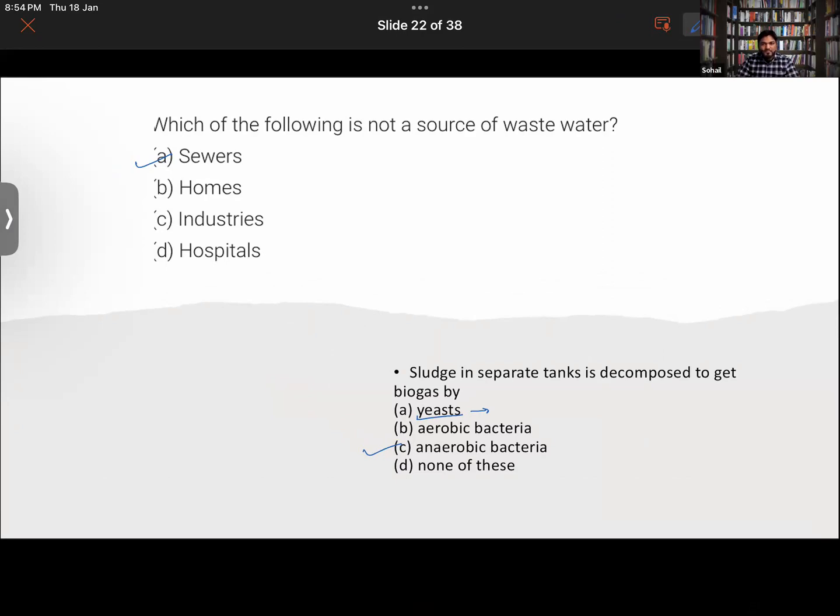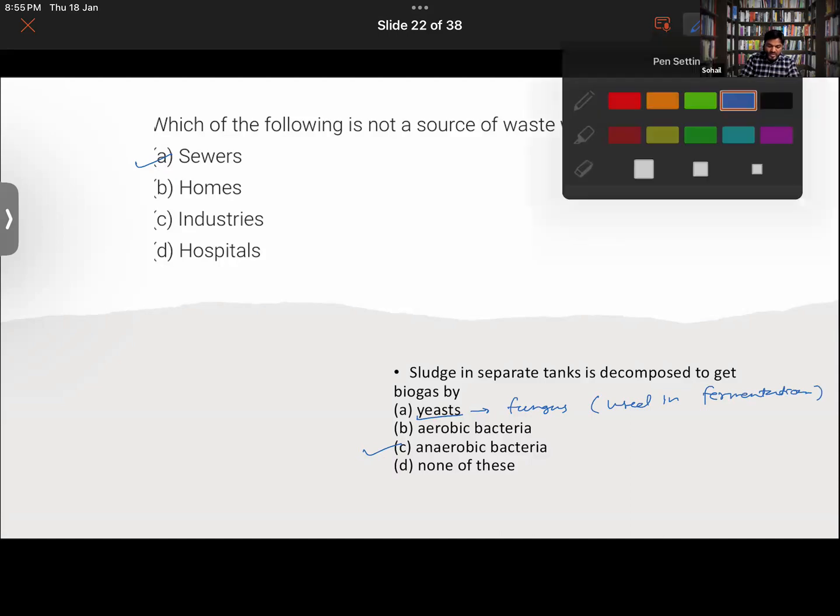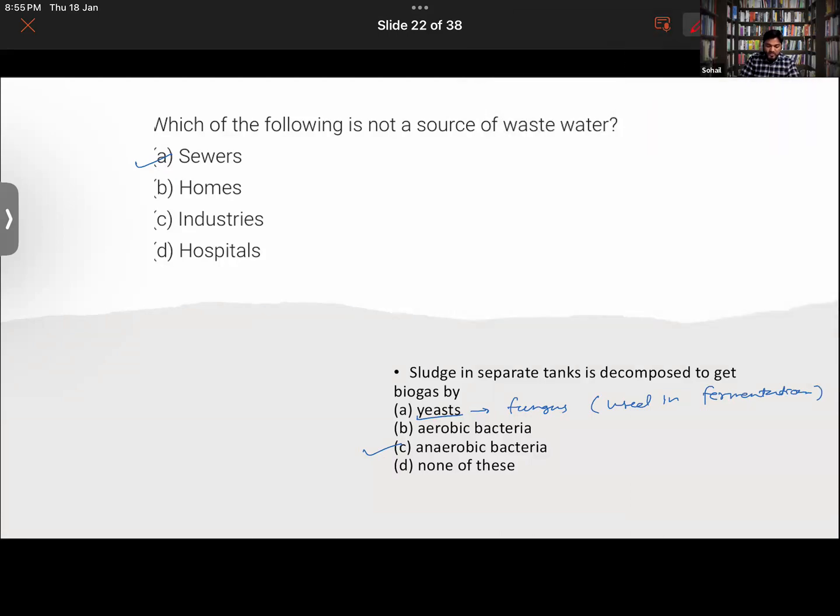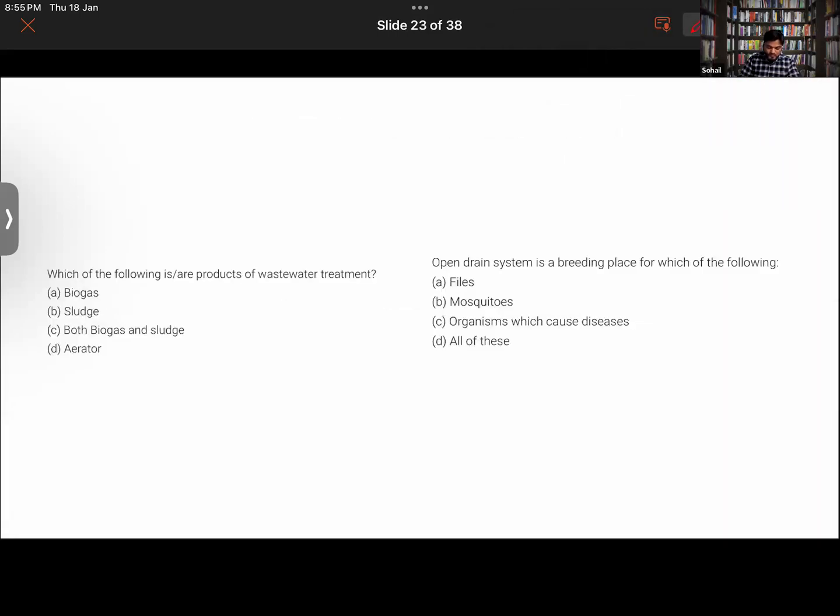Exactly. Okay, so yeast is a fungus, and that is used in the process of fermentation. Fermentation is the process using which alcohol is manufactured. So there it is used.